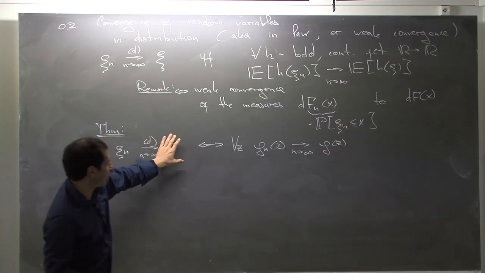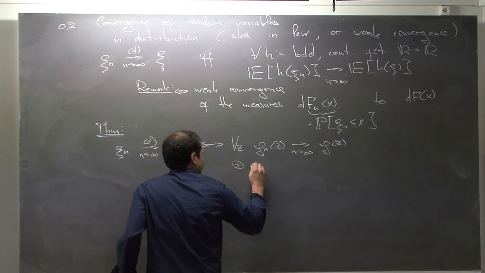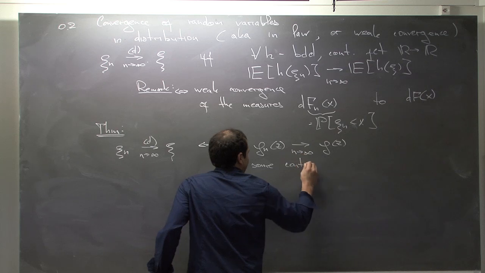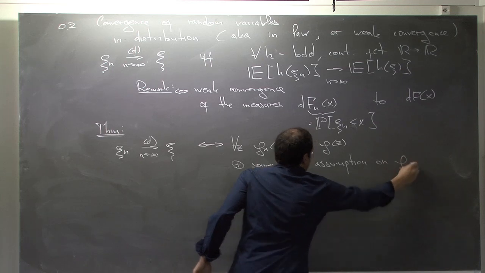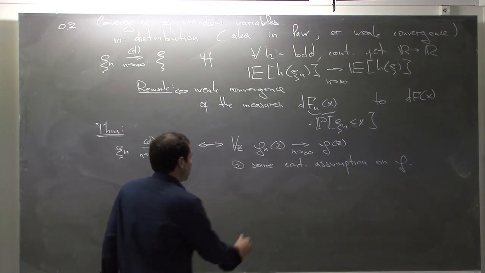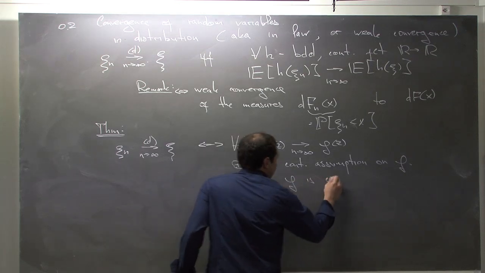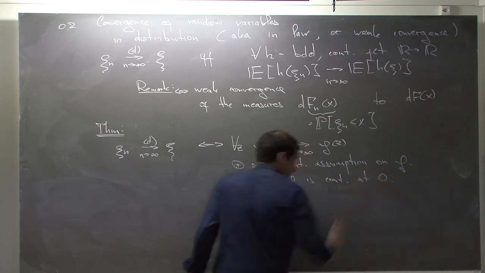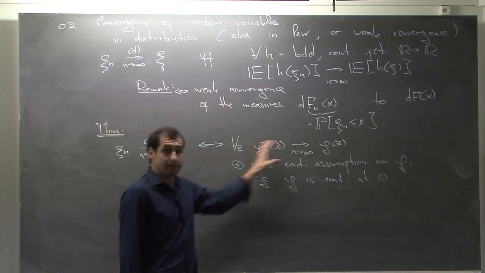So if we do not have xi here and only the limit here, then you should also impose some continuity assumption on phi. And actually, it's enough to impose the weakest possible, which is just continuity at the origin. Otherwise, a bad scenario may happen.